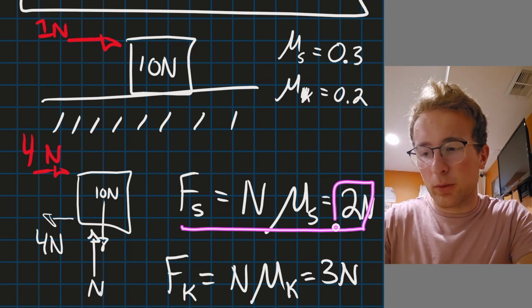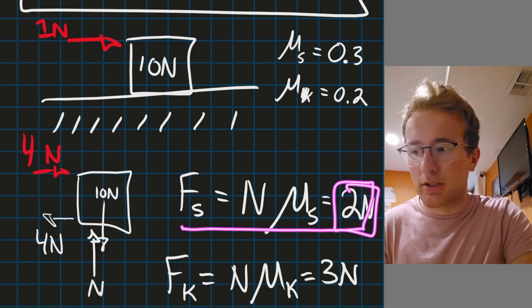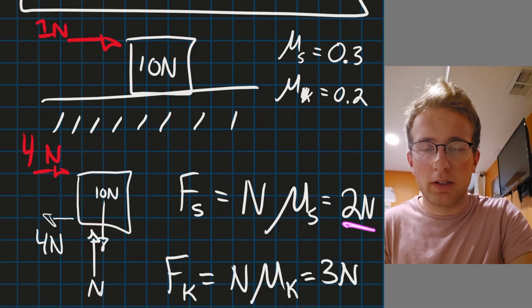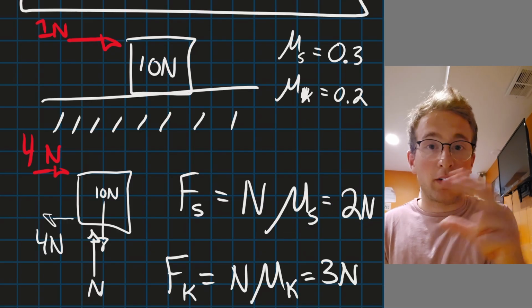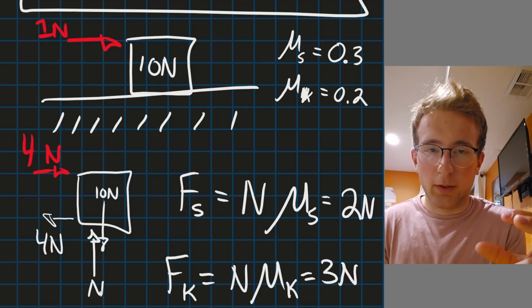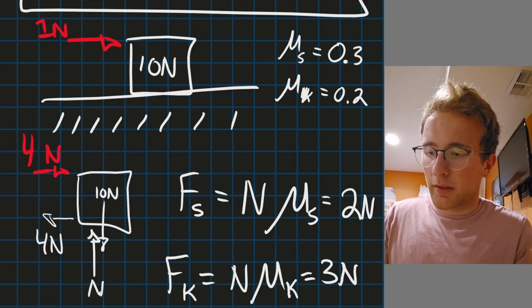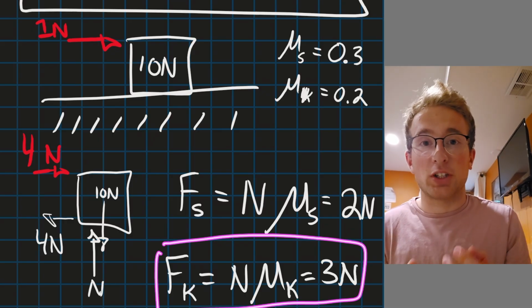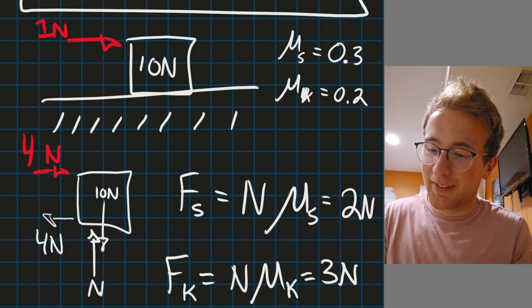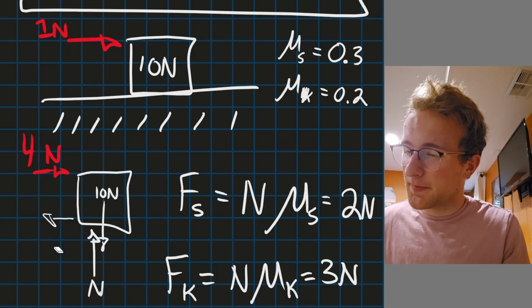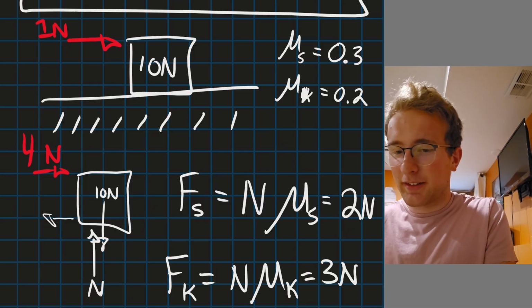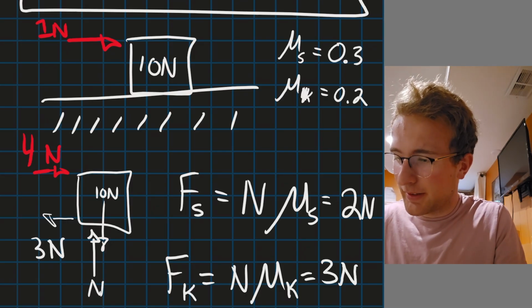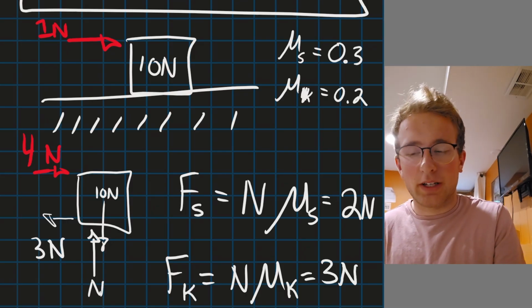But there can't be 4 newtons of static friction. There can only be at most 2. So the object is going to start moving. It starts moving, so we know we need to look at kinetic friction now. How much kinetic friction is there, right? 3. So there is 3 newtons of kinetic friction.